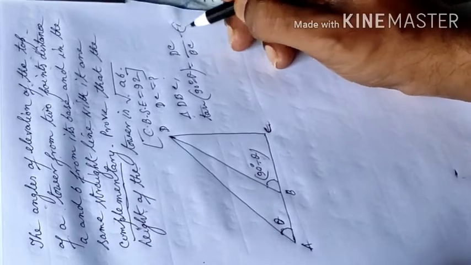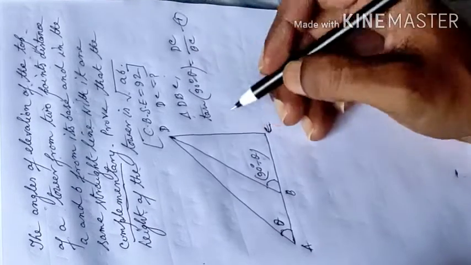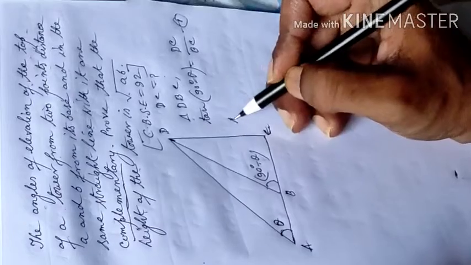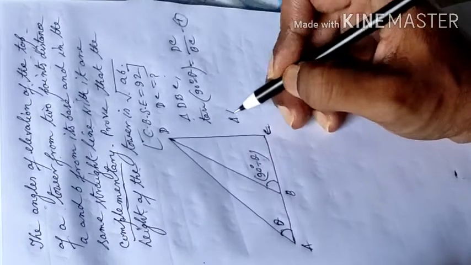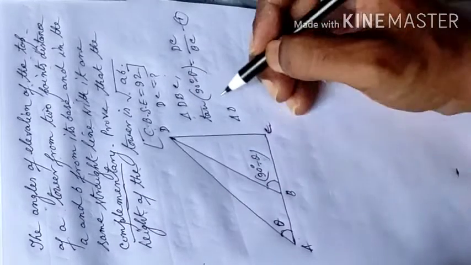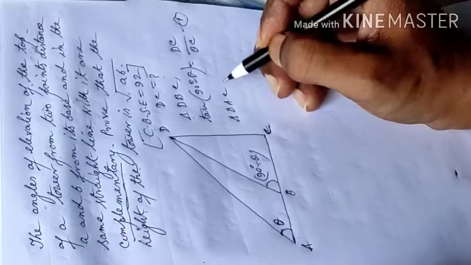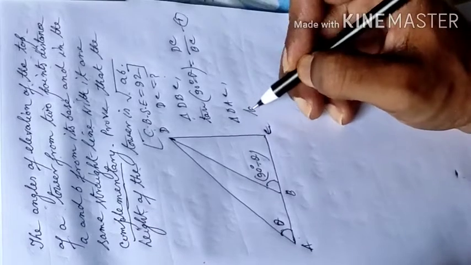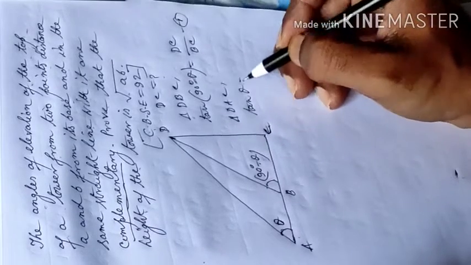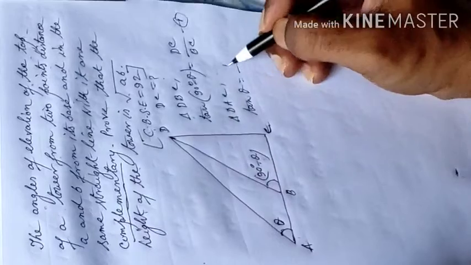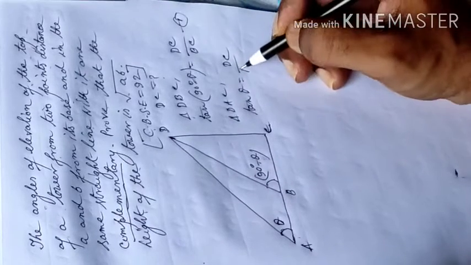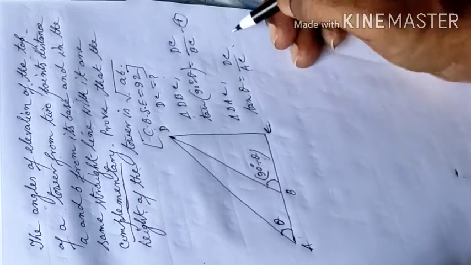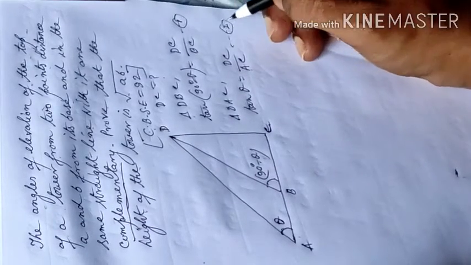This is equation 1. And in right angle triangle DAC, tan theta is equal to what? It is equal to perpendicular DC by base AC. This is equation number 2.